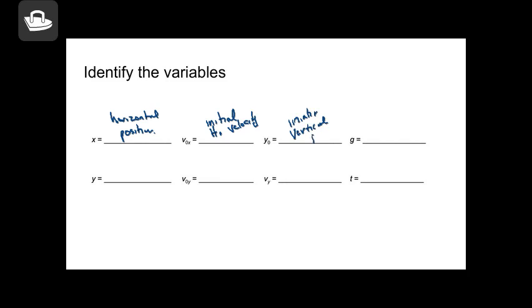Again, we can remember that means height. And then g, of course, is going to be the acceleration due to gravity. I think we should all be good with knowing that one.